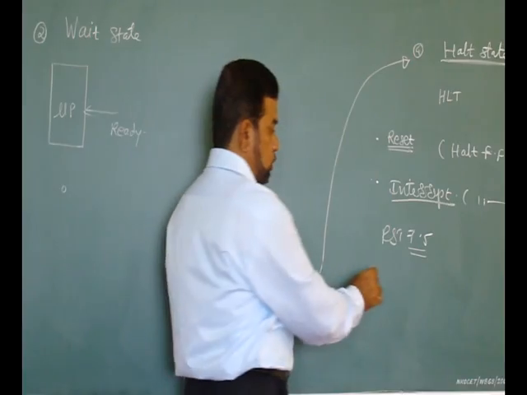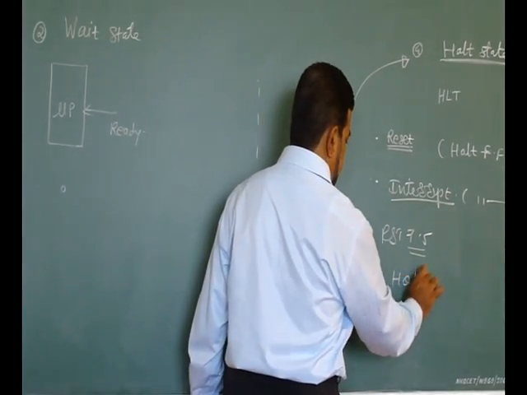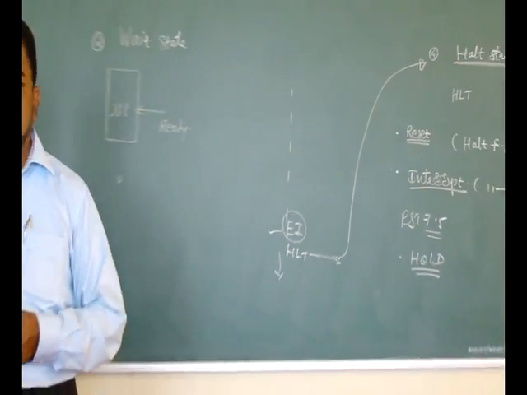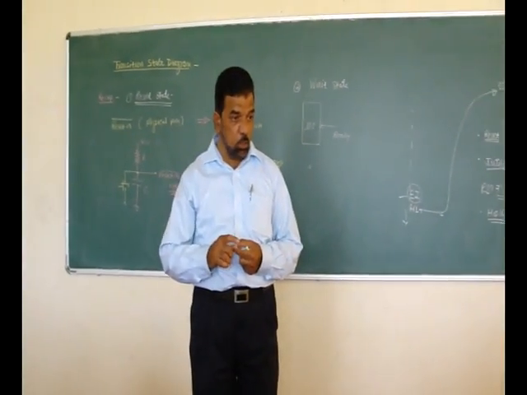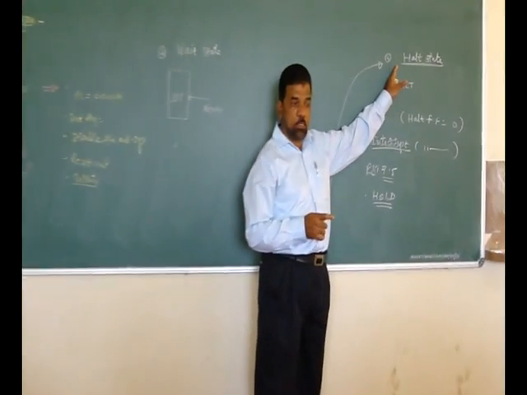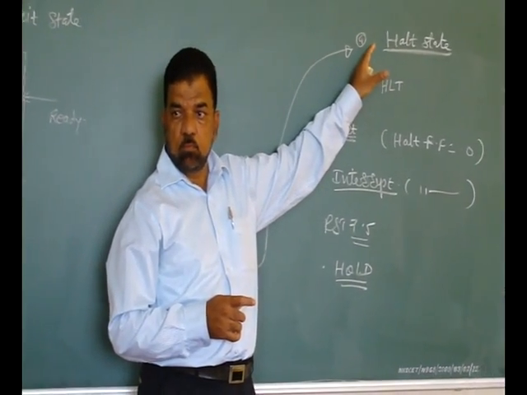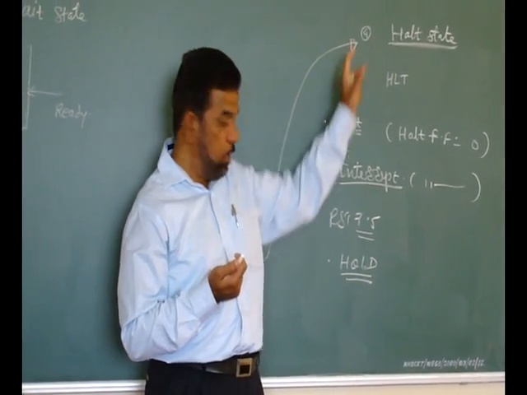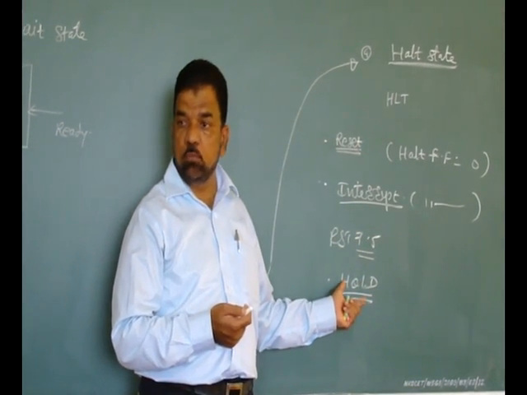There is one more solution, that is nothing but the hold. Here, the processor's initial state is the halt state, right? So the processor can be taken out of the halt state by using hold.